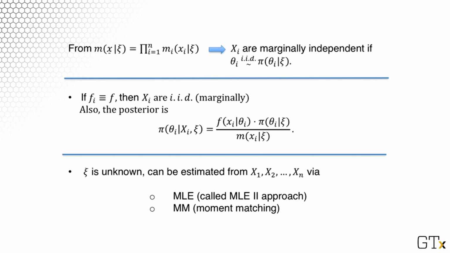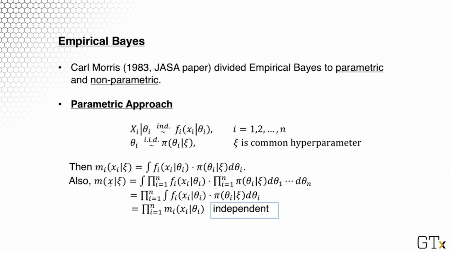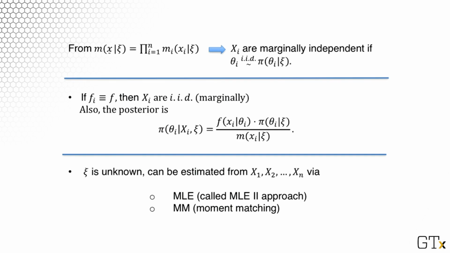The x's are marginally independent. That happens if the theta_i have the same prior. If in addition these f_i's are the same, so on the previous page these f_i's were different, but if they are the same, then these x's are marginally IID, independently, identically distributed.